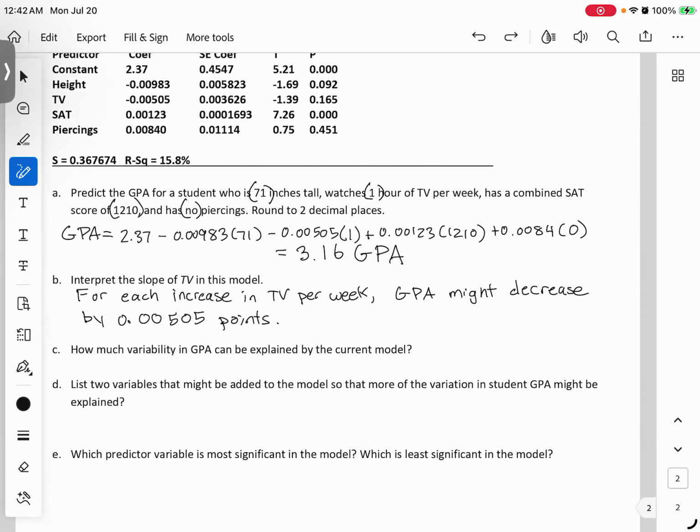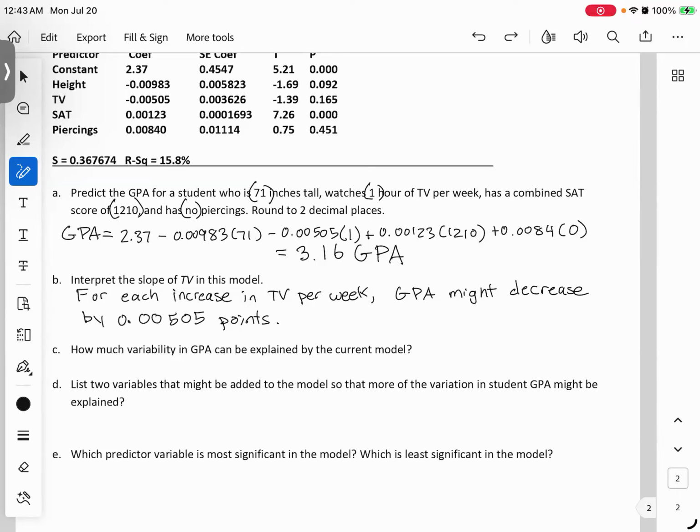Now, the last little bit, right? And then we are done with lectures for this class. C says how much variability in GPA can be explained by the current model. So think of the four variables that were selected as being potential factors in predicting GPA.